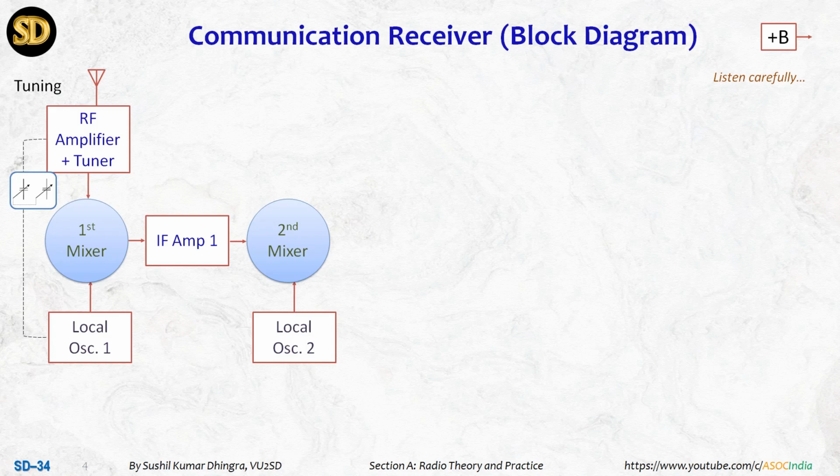At the same time, local oscillator 2 is also creating a higher, fixed frequency of 2200 kilohertz, so that we have 200 kilohertz as an output. This 200 kilohertz is lower than the superheterodyne receiver's 455 kilohertz. So a narrower band means more selectivity. Now we have a 200 kilohertz signal, and this IF amplifier will also increase the strength of this signal.